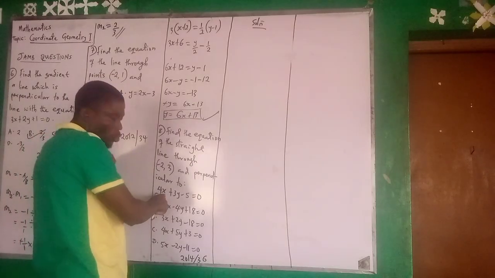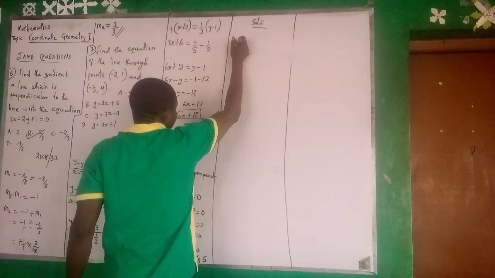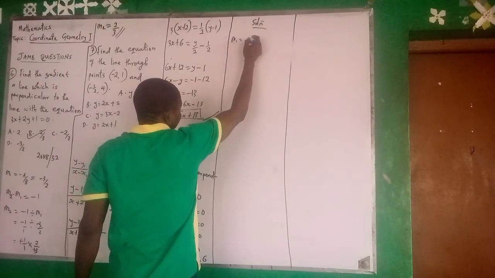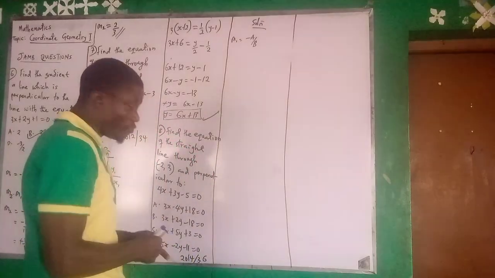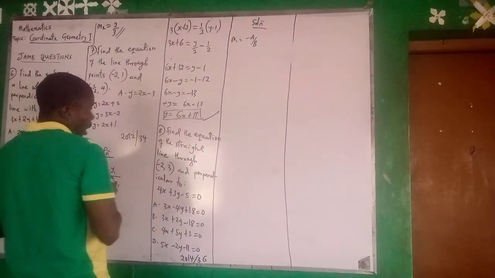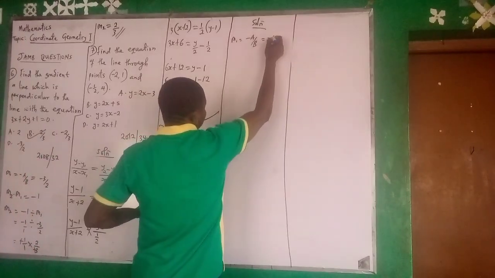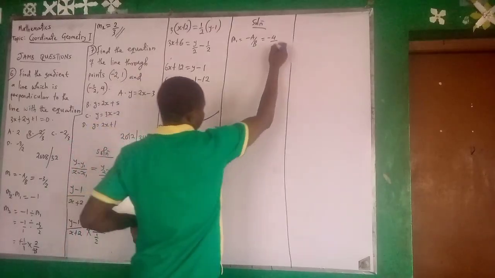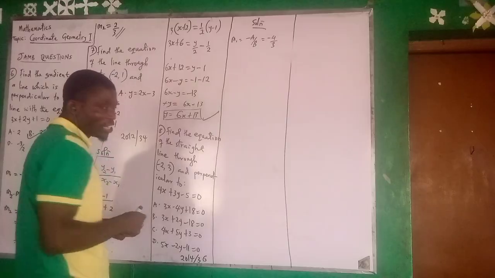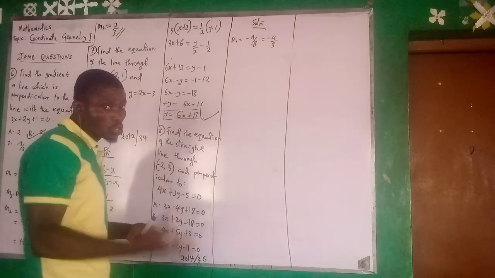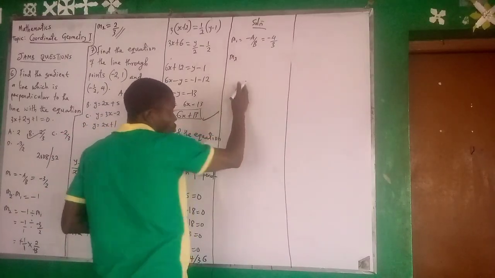Now we tag this one to be slope 1, m1. So m1 is equal to what? Minus a over b. That is the formula because the equation is of that form I gave you, right? Alright, now a is 4, and b is 3, right? Now, the slope of the equation we have to find becomes m2, right?